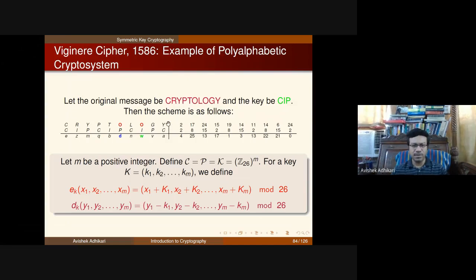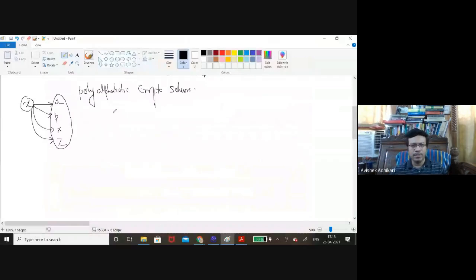The idea is very simple, just like the Caesar cipher. What is the roll number for C? If you remember, the roll number for C was 2. Why? Because it goes A, B, C, D, and so on to X, Y, Z, starting with 0, then 1, 2, and ending with 25.